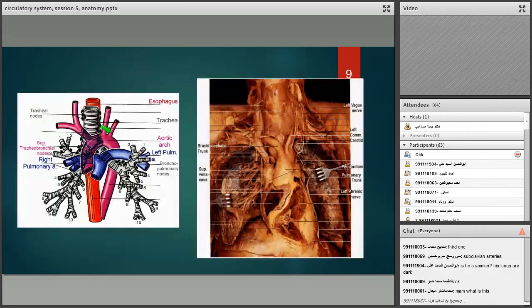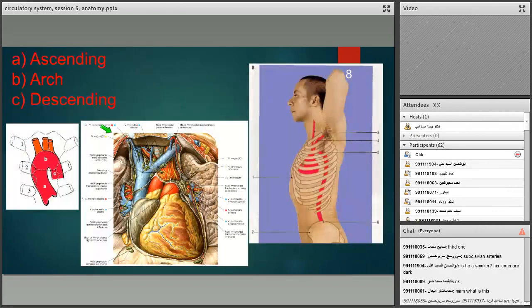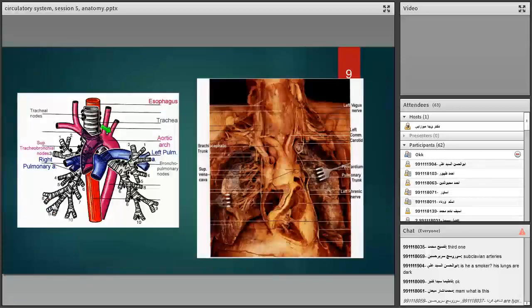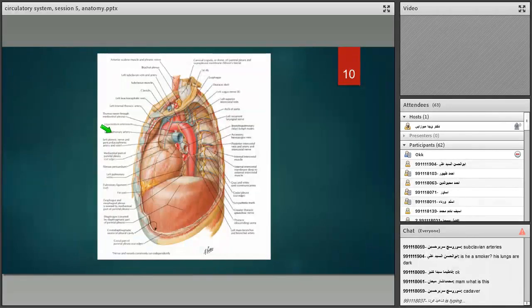Look at here. In slide number 10, we can see some vessels which are passing in front of the aortic arch. One of them is the phrenic nerve here, which is passing through the arc of aorta, and the other one is the vagus nerve.